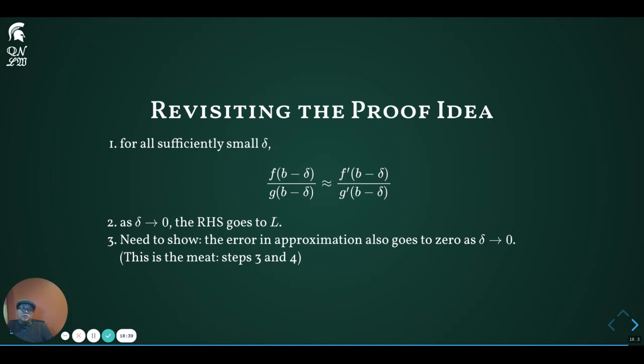So what we need to show is that the error in this particular approximation also goes to 0 as delta goes to 0. The control on this error is the meat of this proof. And this is precisely what we did in steps 3 and 4 of the actual proof shown earlier. So we have come full circle.